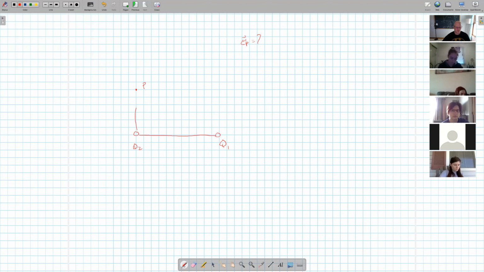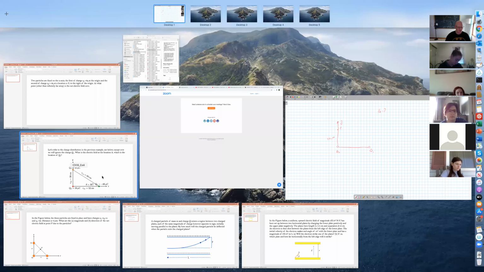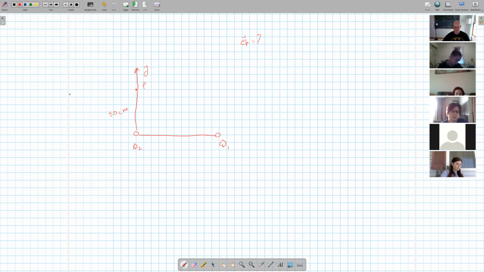So let's call this our y direction. Again, we know this was 30 centimeters. That bottom one is what, 52 centimeters? So this is 52 centimeters, which makes this distance across here 60 centimeters. And this angle is 30 degrees.